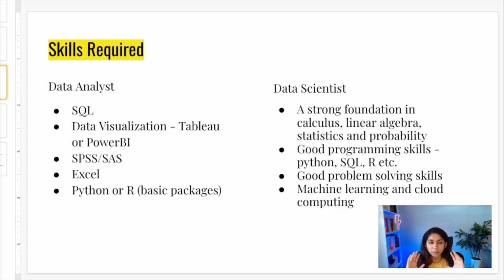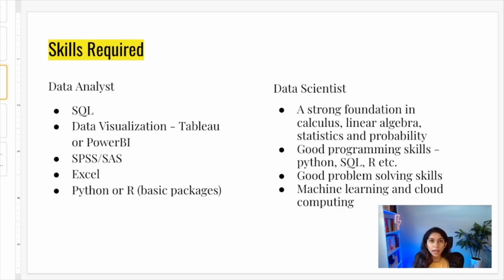Now that you understand the educational background, we'll jump into the skills. As I mentioned earlier, a data analyst will be analyzing more. You'll be doing analysis, and a little bit of predictions, like in the Amazon example I mentioned, what kind of products would sell better this year.